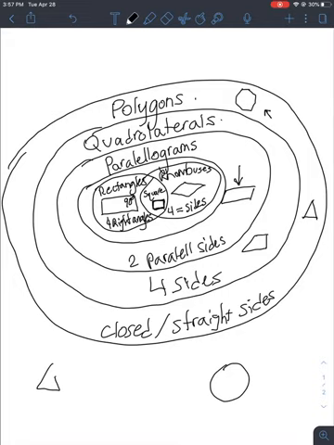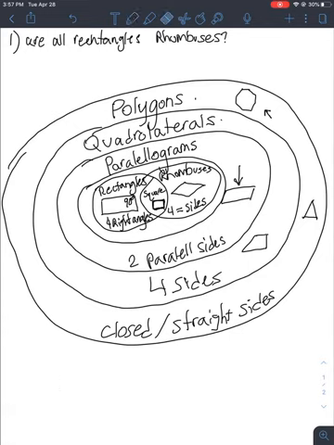All right, so now to the questions. The questions I have for you is, are all rectangles rhombuses? And just give me a yes or a no. Another question is, are all parallelograms polygons?